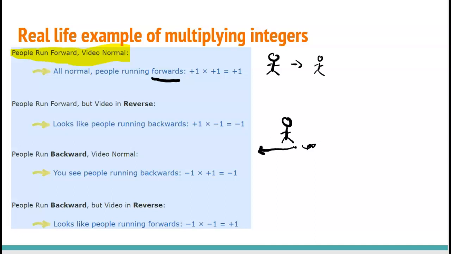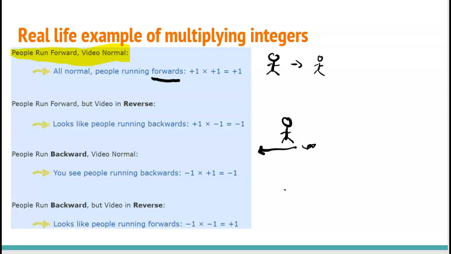This can be like multiplying integers. What happens if you run backwards? Let's do it this way.